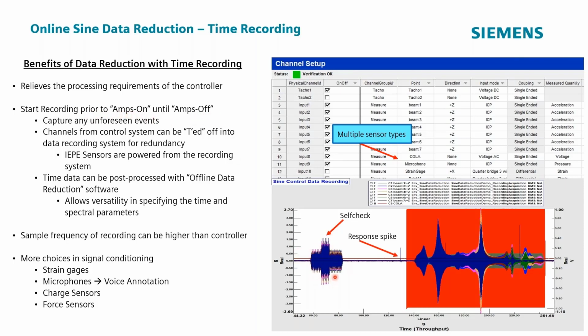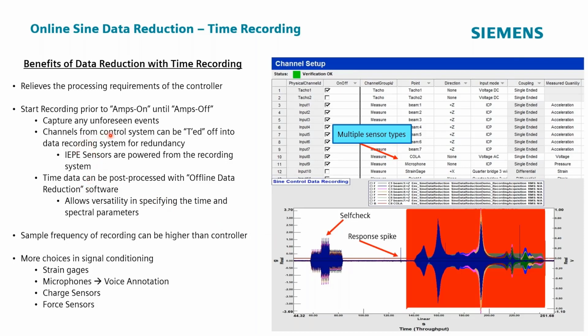So you get all this self-check, and you record any transients that might happen during the test that you might not catch when you start excitation of the shaker. Especially when you're testing very big, expensive satellites, you might want to know all this information, what's going on in self-check, how that compares to the amplitudes during the test, et cetera.